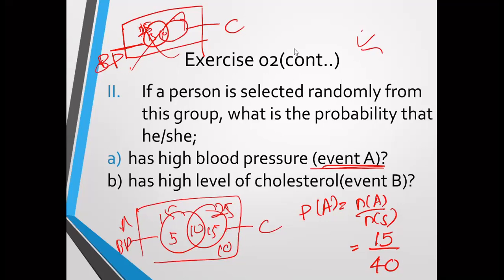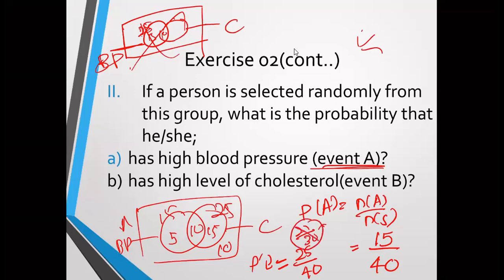Therefore, the probability of event B, or according to this diagram, probability of C, can be written as 25 upon 40. Sometimes you might think the probability of B is 25 upon 30. No, it's not correct. Why?